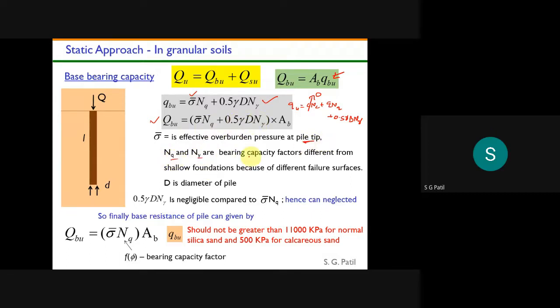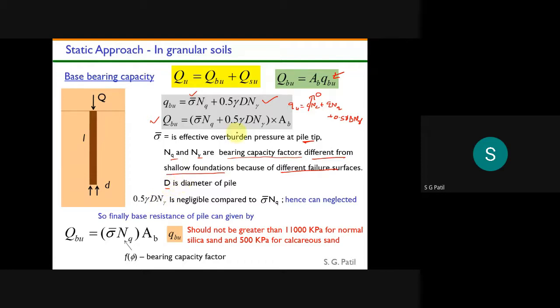They are bearing capacity factors different from shallow foundations because of a different failure surface, and of course the depth factor also plays a role here. That's why these Nq and N gamma are different from your shallow foundations.